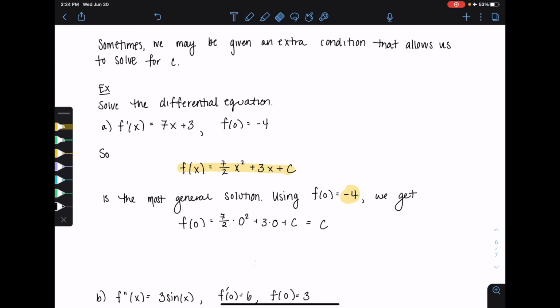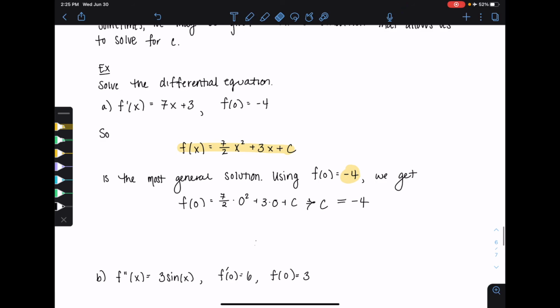So what this tells me is that c is indeed equal to -4. Ultimately, the function we're dealing with is 7/2 x squared plus 3x minus 4.